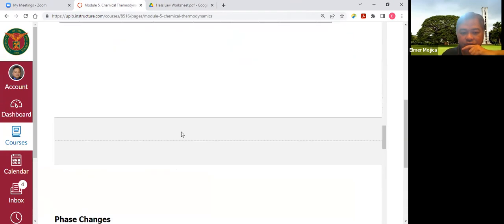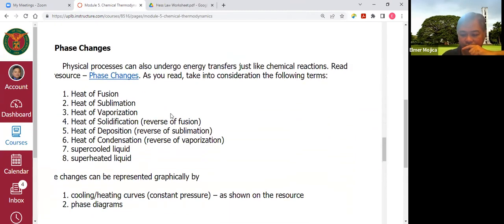Now, the one that we're going to talk about today is the so-called phase changes. So when we're talking about phase changes, this is the transformation from one phase to another. So this is just a physical change. Okay, so this is not really a chemical reaction, but similar to a chemical reaction, these physical changes also involve energy.